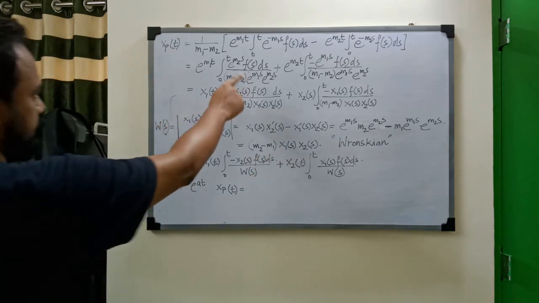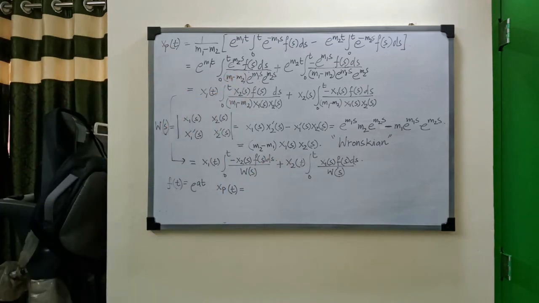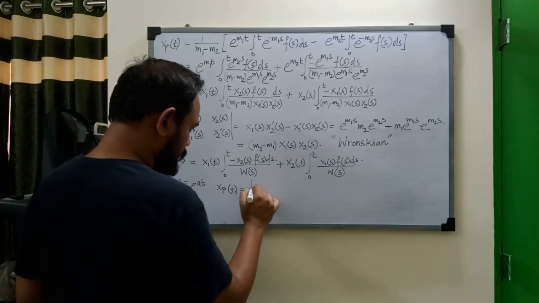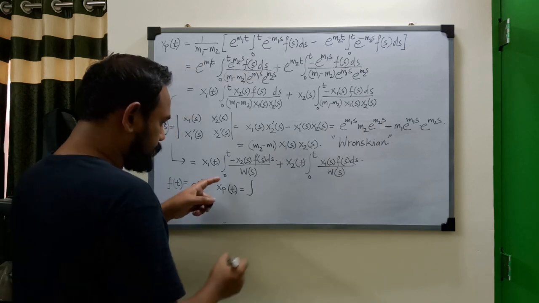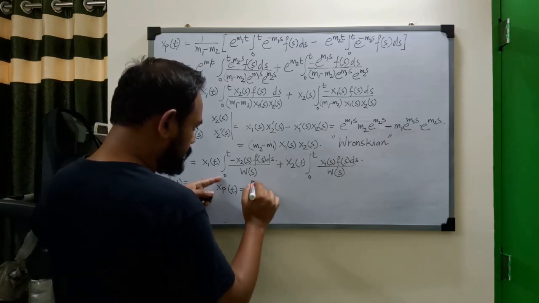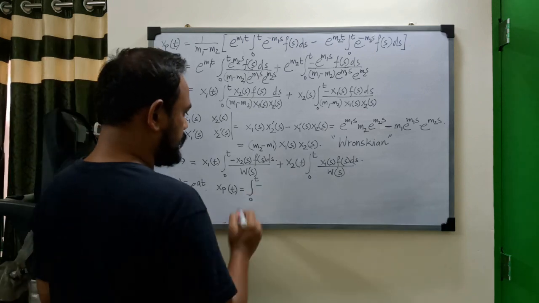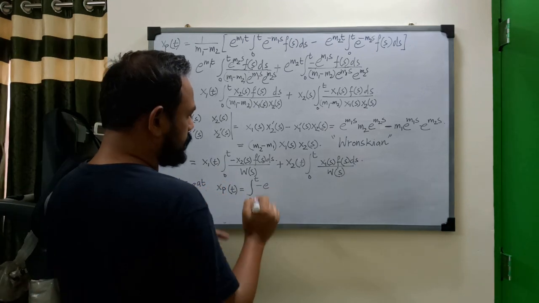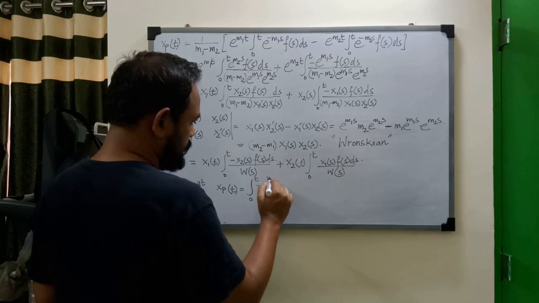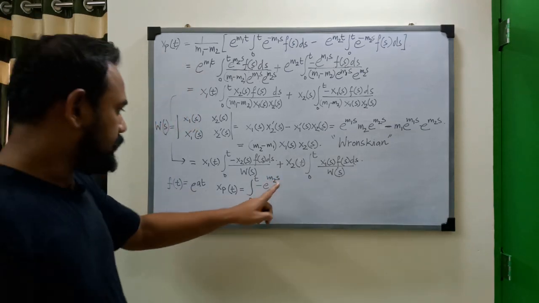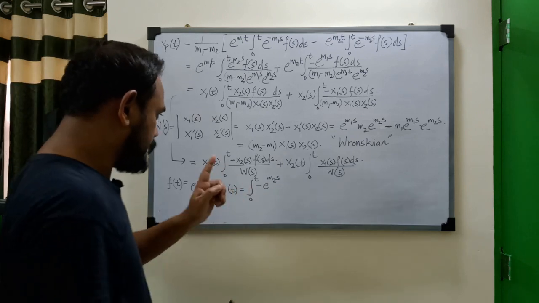Oh, the negative of this is going to be the Wronskian. So if I do this directly by the formula, this is going to be the integral from 0 to t of the negative of e to the power the second homogeneous solution.